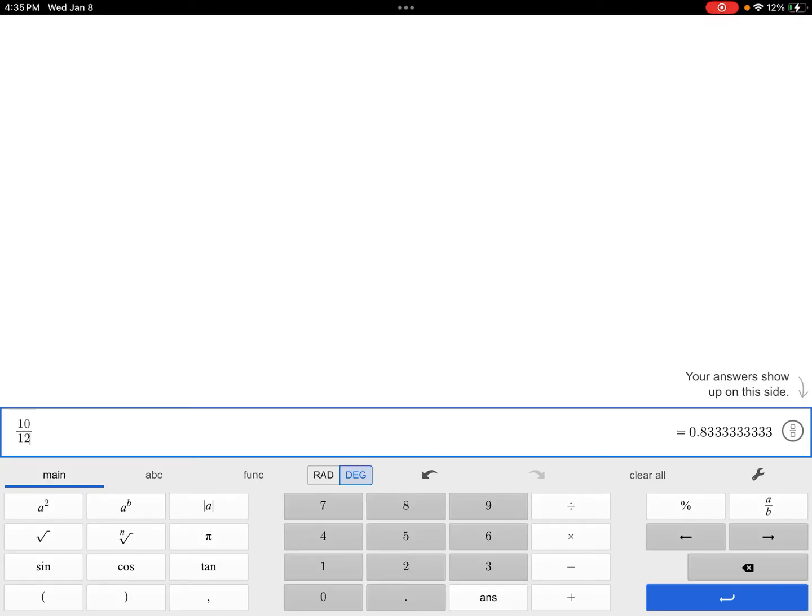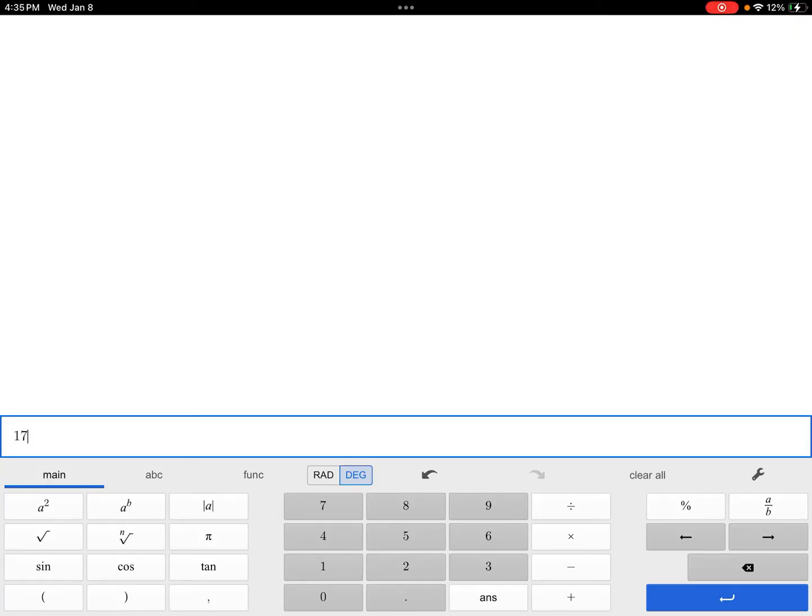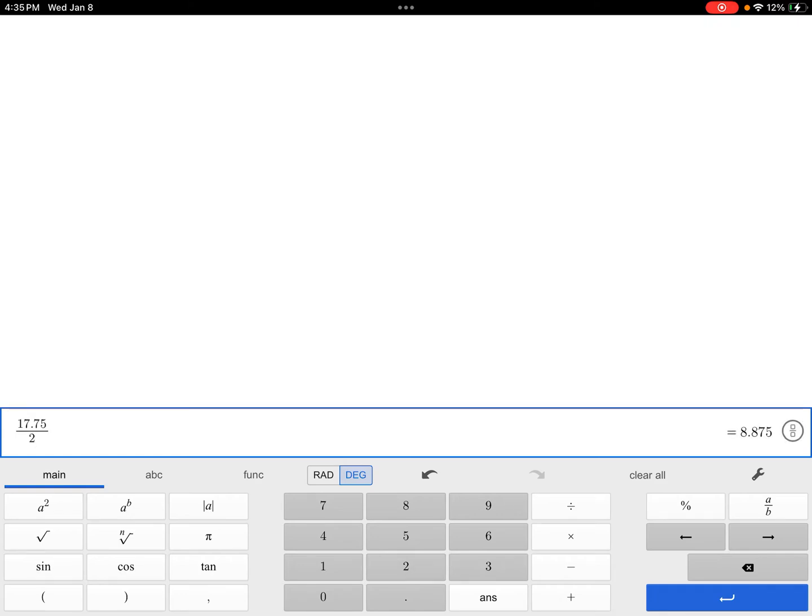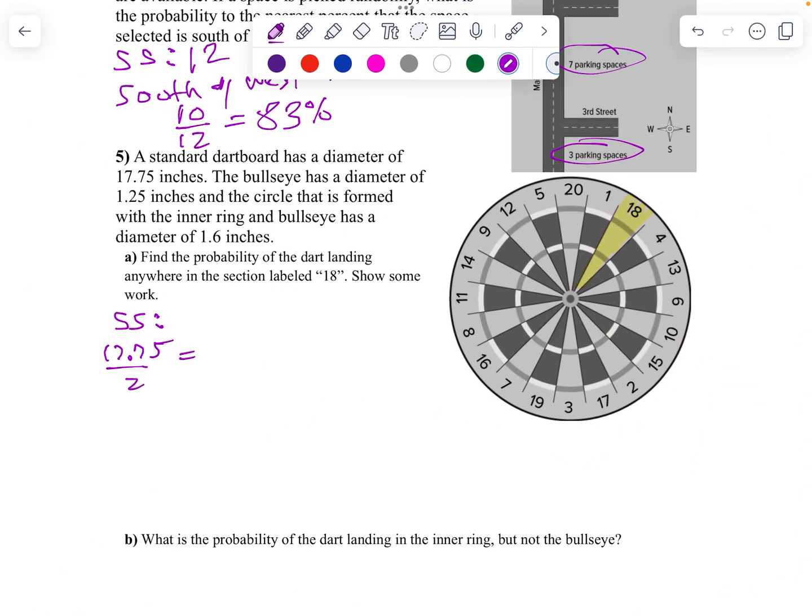So if we take 17.75 and we divide that by 2, my radius is 8.875. So my sample space is going to be pi times 8.875 squared.